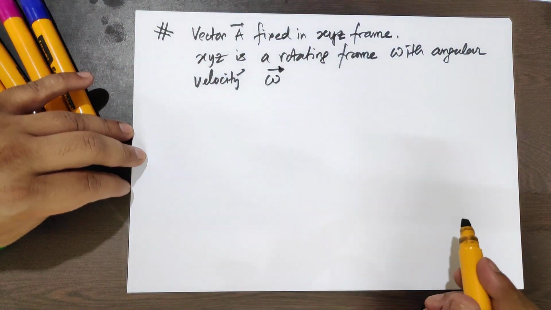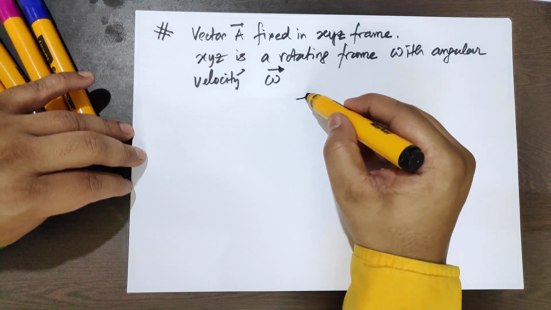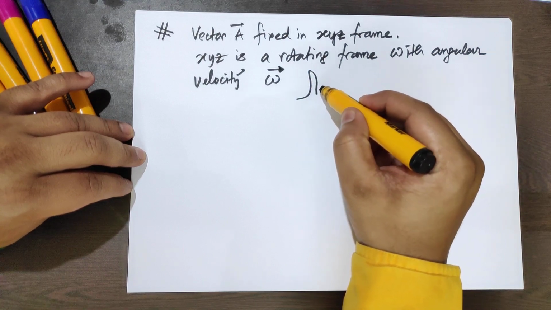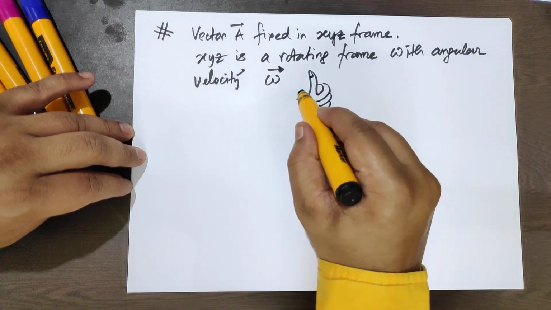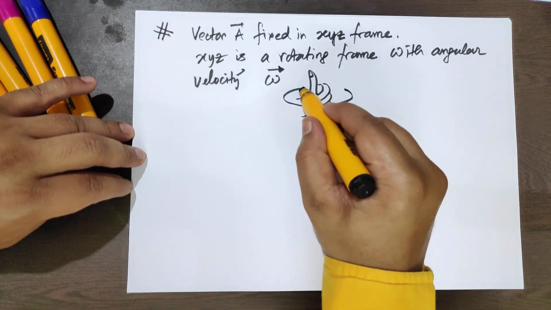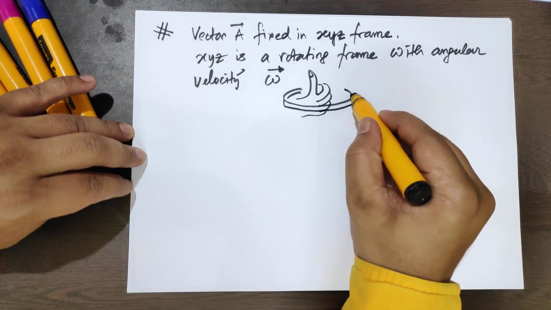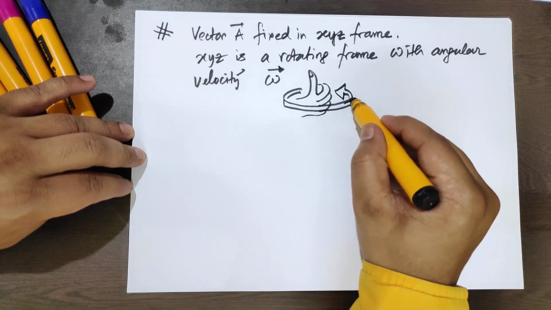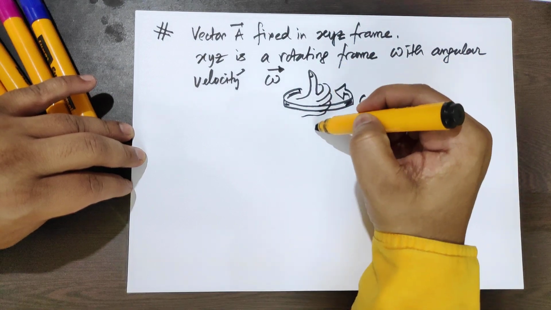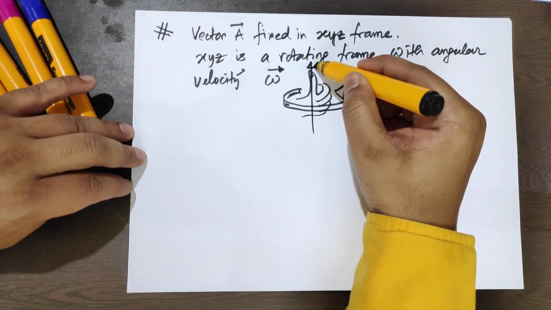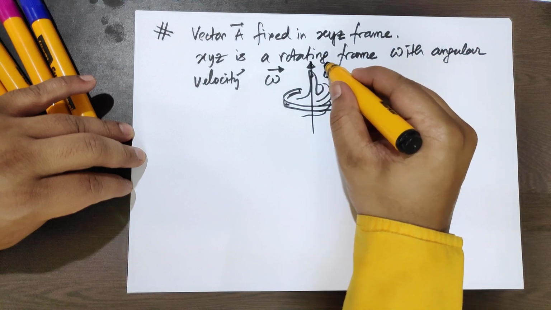You know that the direction of the vector is given by the right hand thumb rule. So if this is the direction of the angular velocity, the vector points towards the thumb; this is the omega vector.